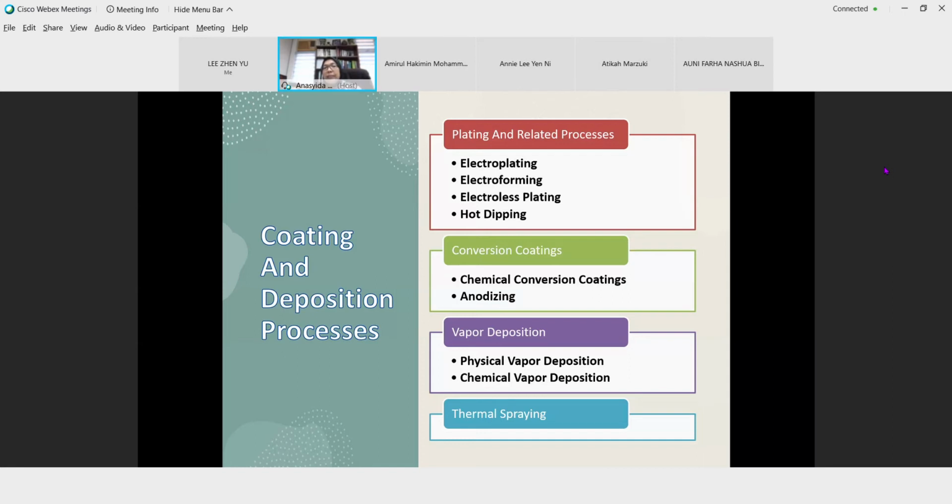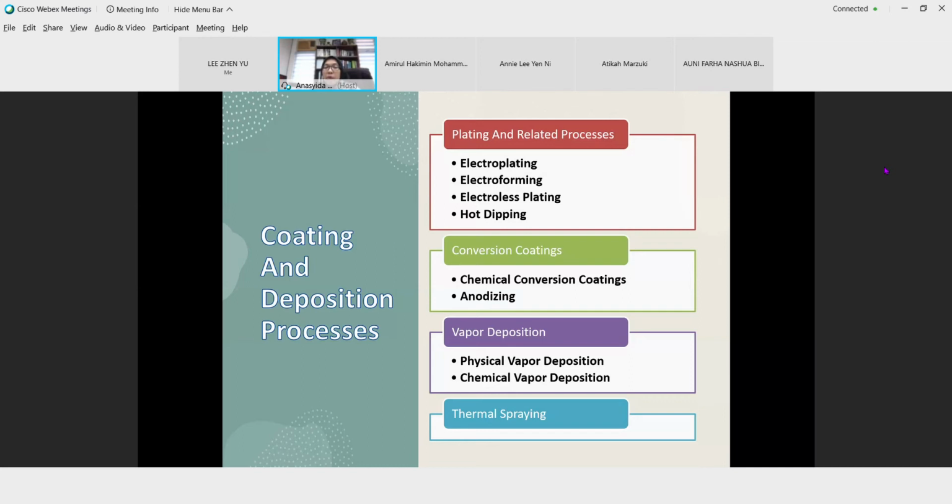It's actually chemical reactions inside the compound, reducing the nickel ion to nickel atom, or it depends on what you coat, either nickel or phosphorus. The ion is reduced to nickel atom, and this is the driving force during the process of chemical reaction.